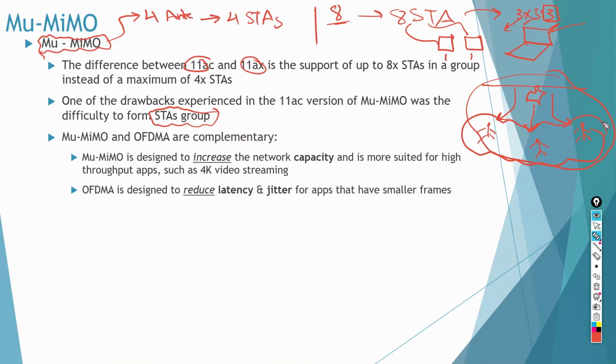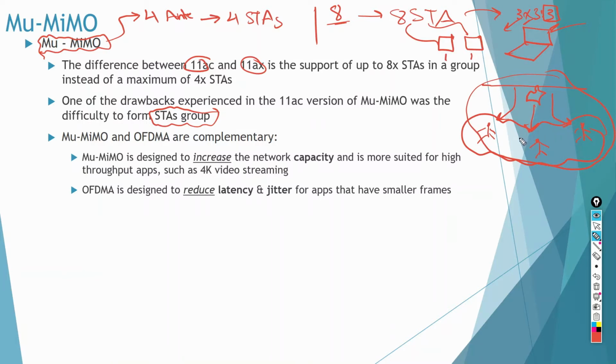Now, in order to do that, it has to create a station group. There were a lot of hurdles in creating that, but, roughly speaking, let's assume that the access point succeeds in creating this group, and that it is transmitting.